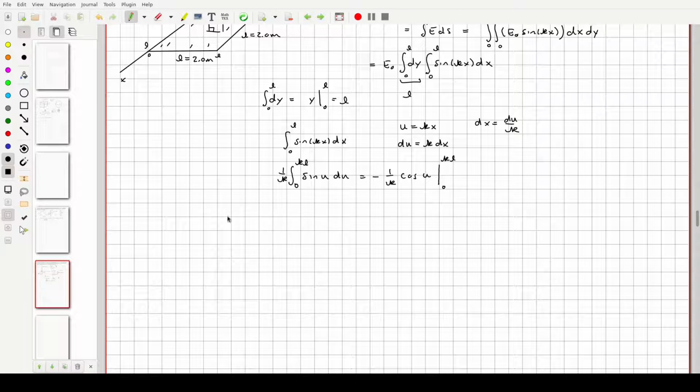So let's plug that in. We have cosine of k times L minus cosine of 0. And cosine of 0 is 1.